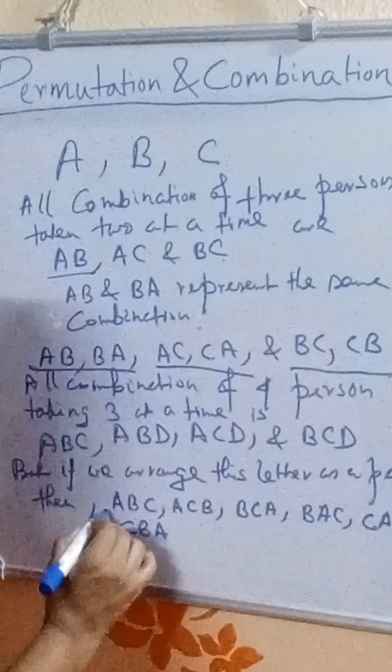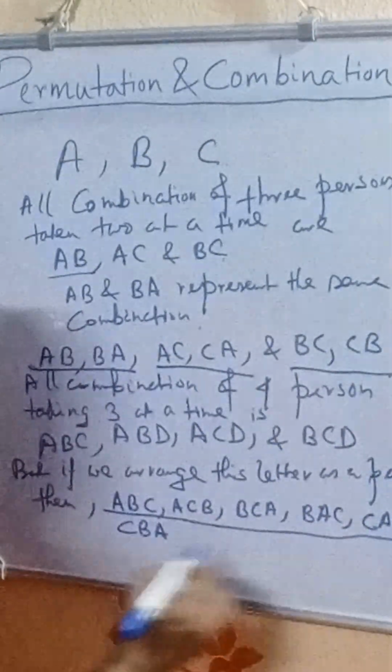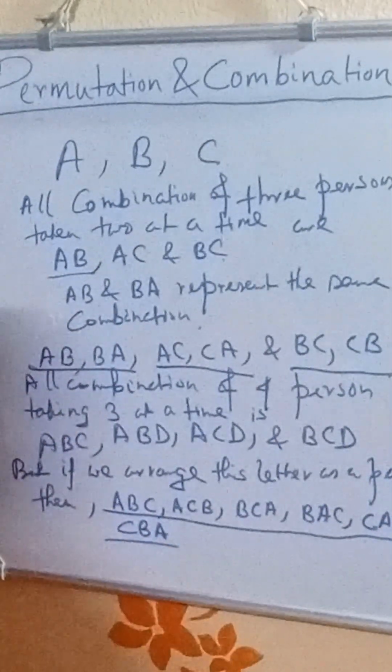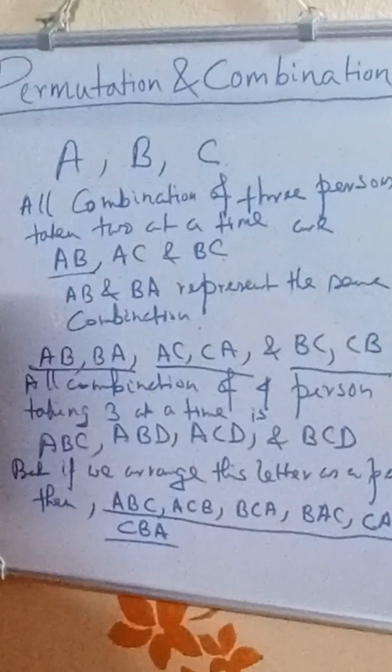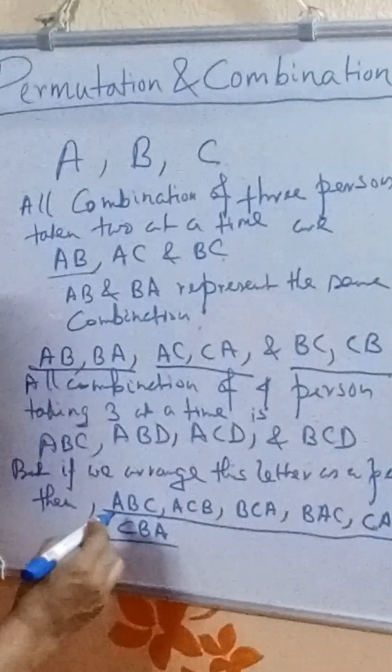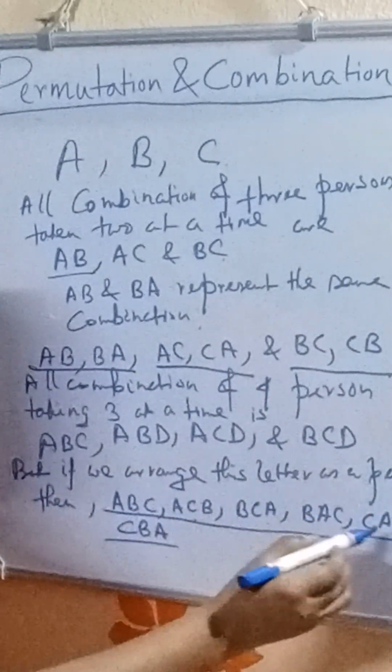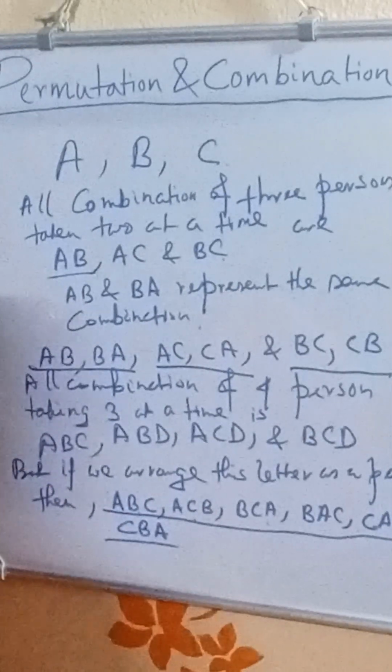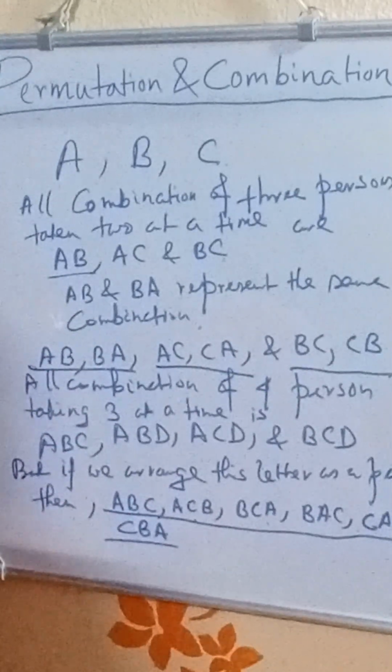In case of combination, all 6 arrangements are the same, but in case of permutation, all 6 arrangements of these letters are different.